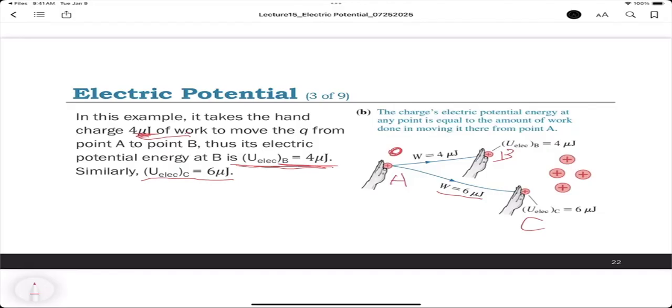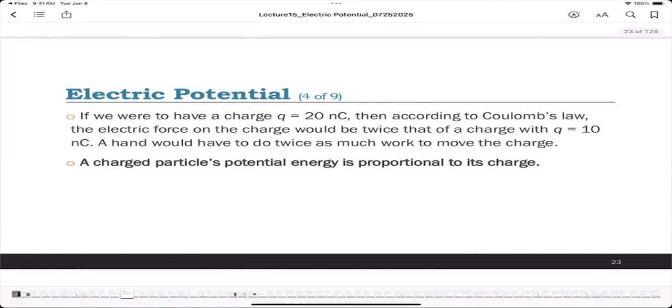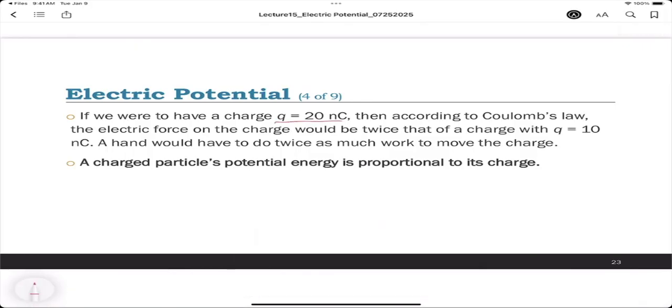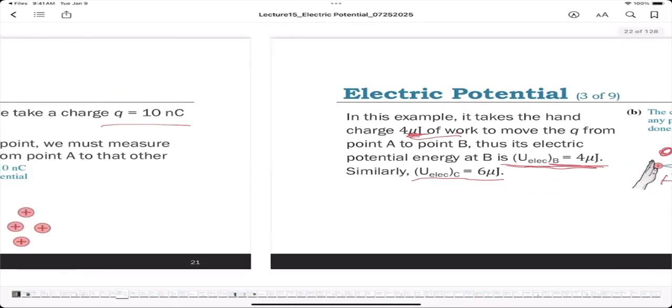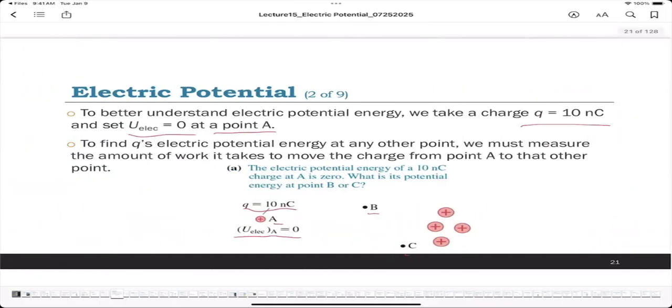And if we were to have a charge Q equal to 20 nC here, initially it is 10 nC, right?